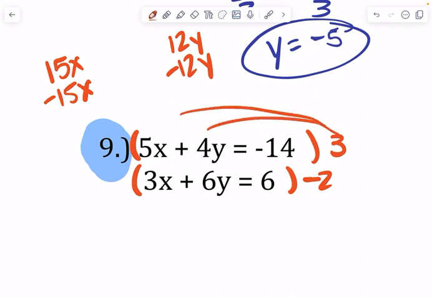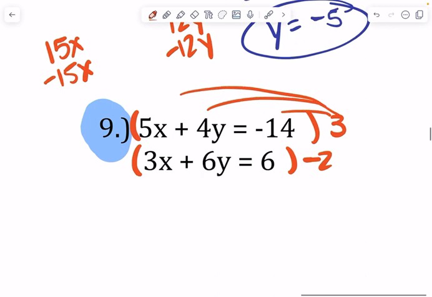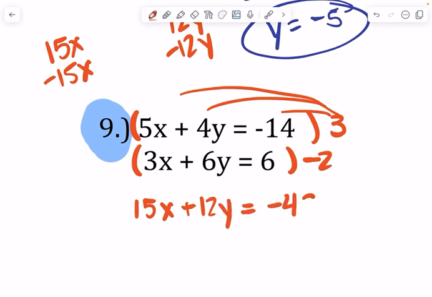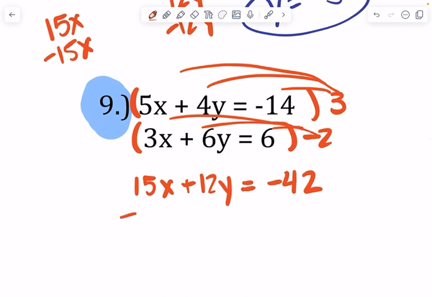So let's distribute your 3 in there. So 15x plus 12y equals negative 42. And then distribute the negative 2 in there. Negative 6x minus 12y equals negative 12.